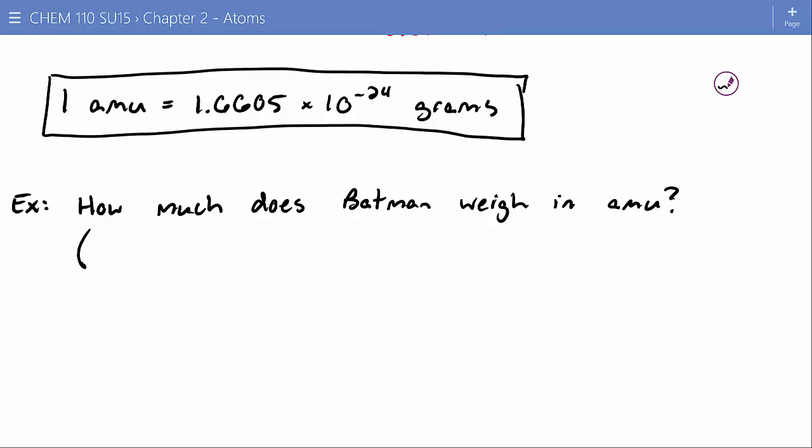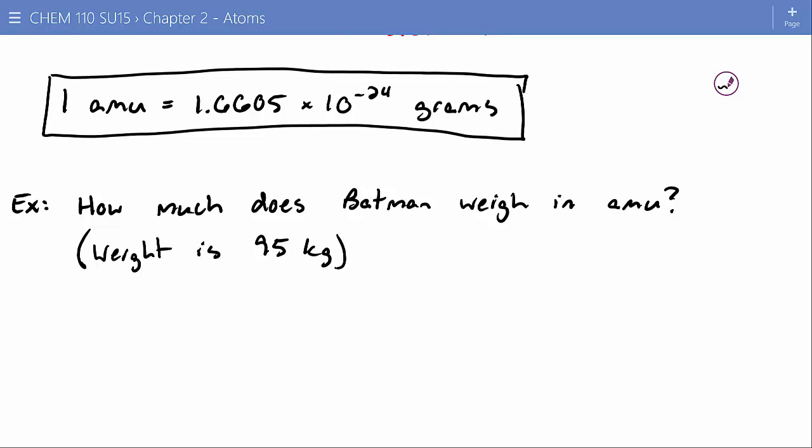And recall his weight is 95 kilograms. So now we have to figure out the overall mass in AMU rather than in kilograms.